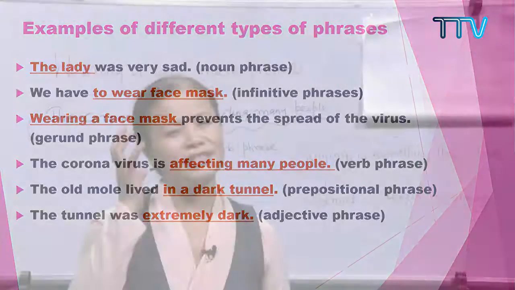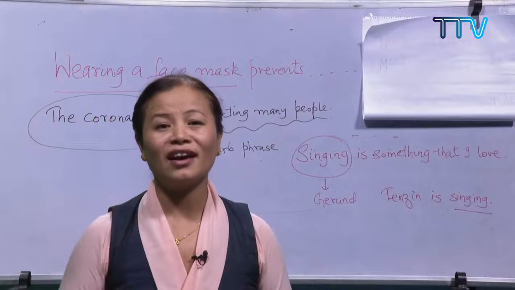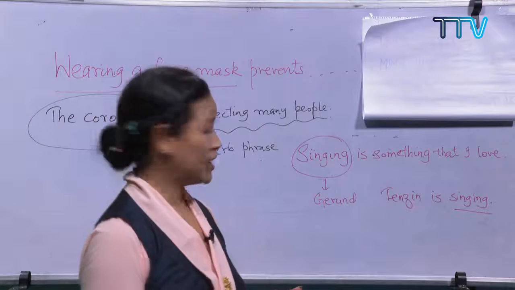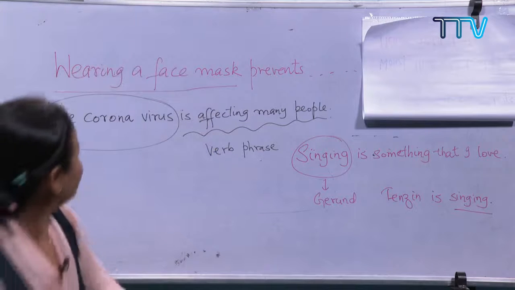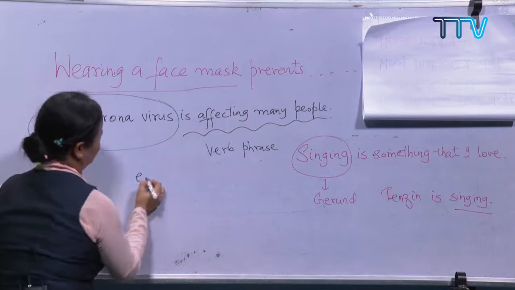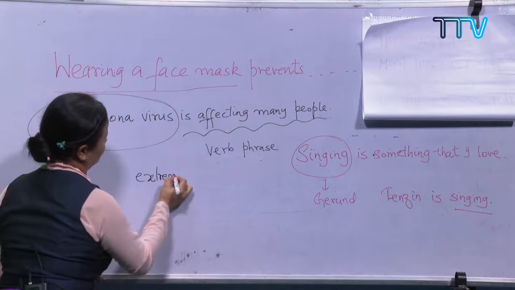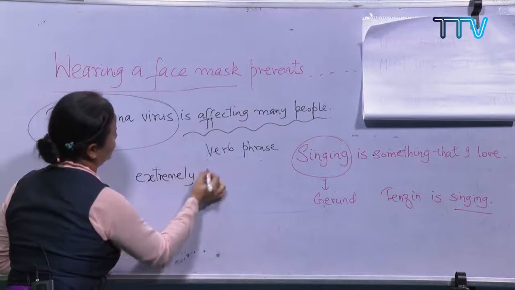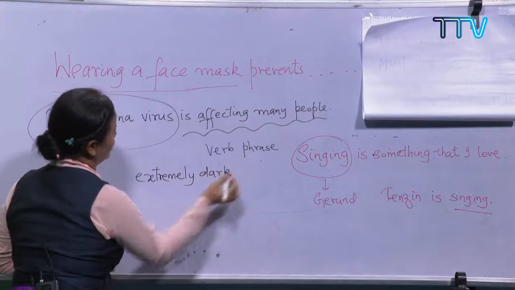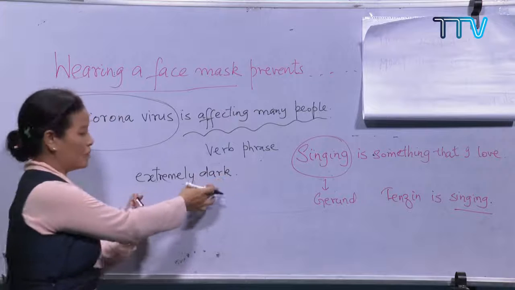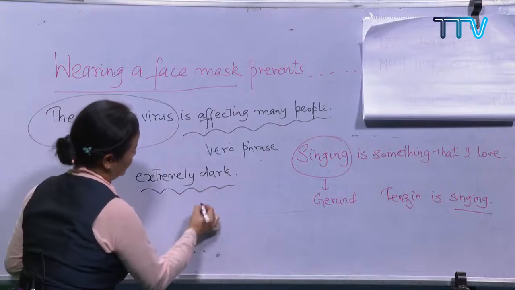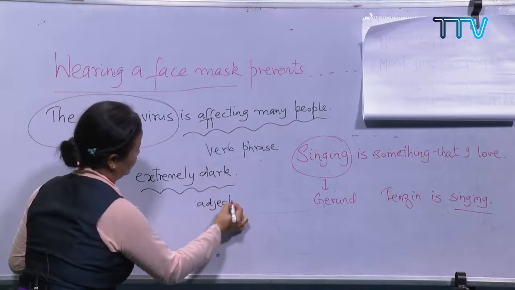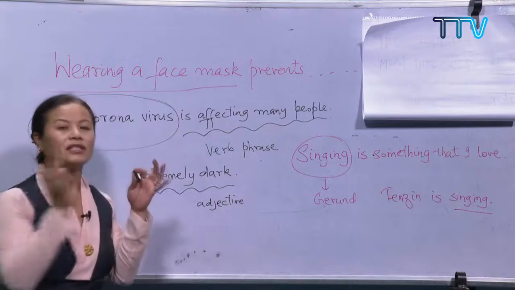Keep that in mind and just think why extremely dark is an adjective phrase. Okay, let me write here. Extremely dark. The tunnel is extremely dark. Now, extremely dark is a phrase, right? And this is an adjective phrase. Why? Just think about what an adjective is.